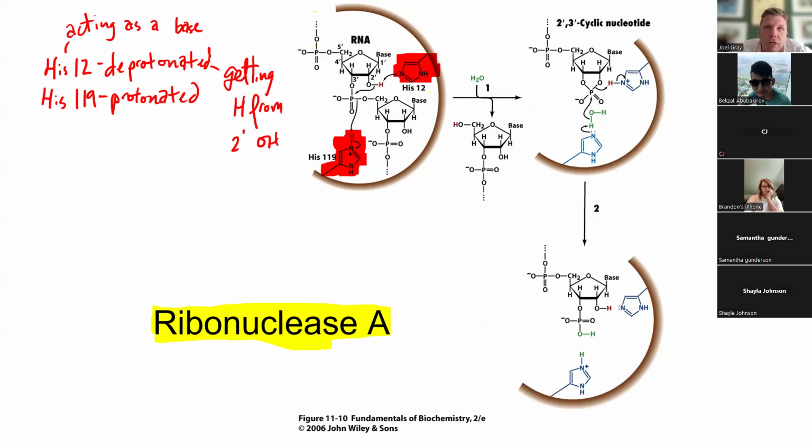You could say, I mutate histidine 12 to something else and then 119 to something else. Does anyone have a proposed alternative amino acid that you can mutate these histidines to, and this sort of acid-base catalysis will still take place? Feel free to add to the chat or speak up on this one. What would be a good amino acid to mutate it to?